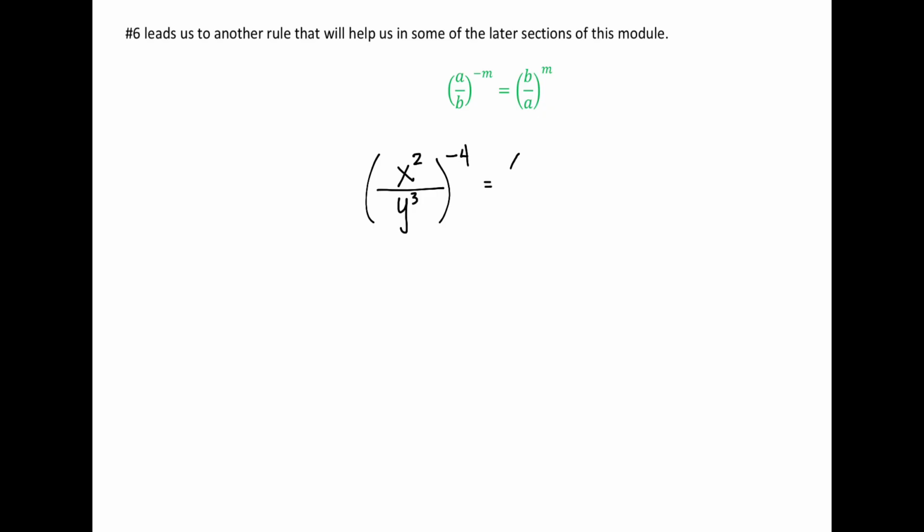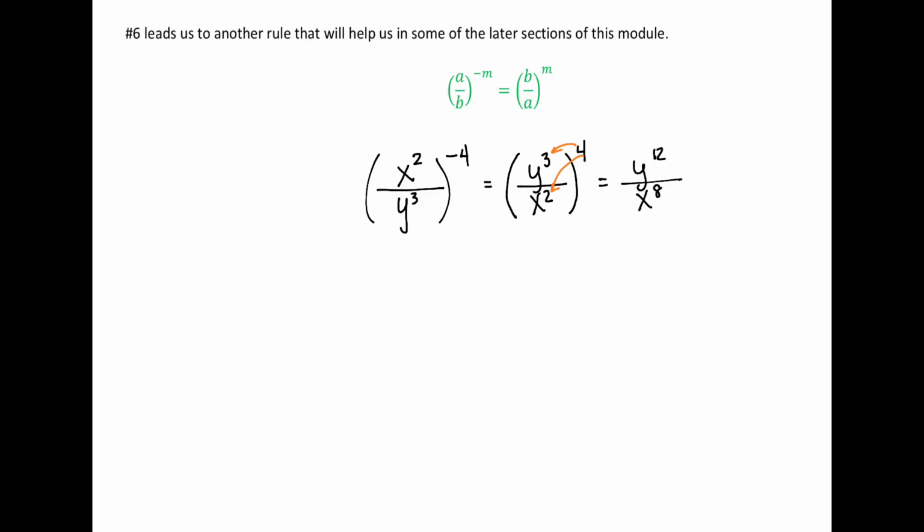So what you do is flip the fraction over. So y cubed over x squared, and now it's to the positive fourth. That one goes here and here, so we get y to the 12th over x to the 8th.